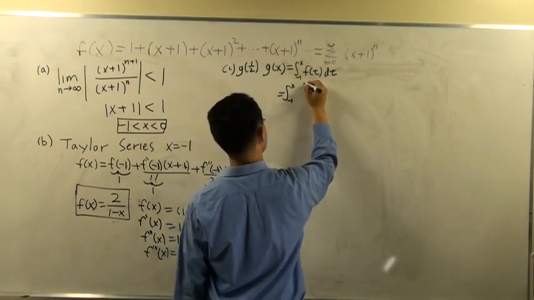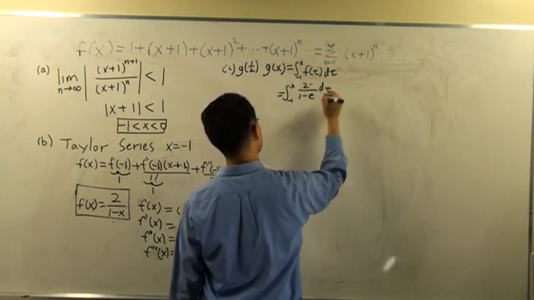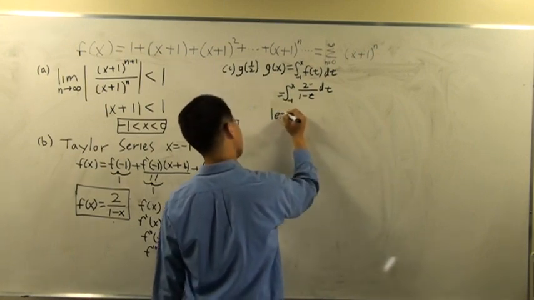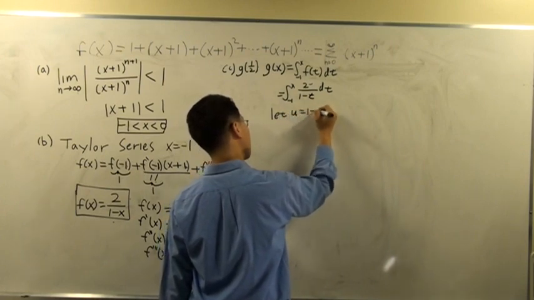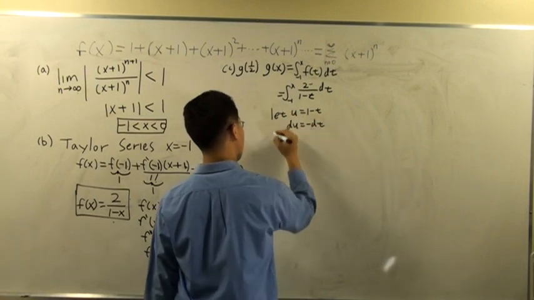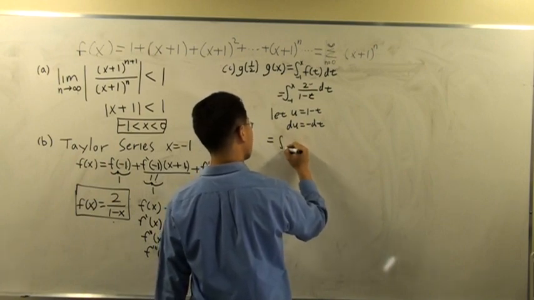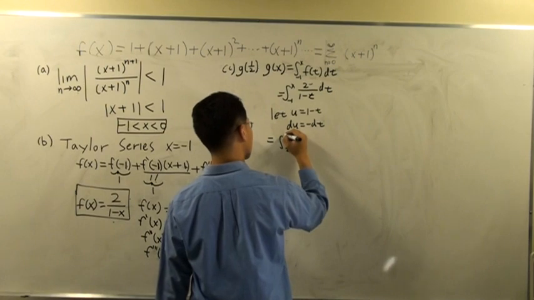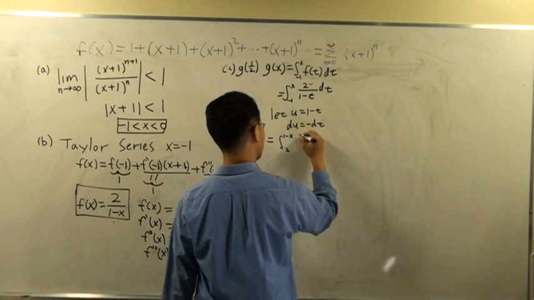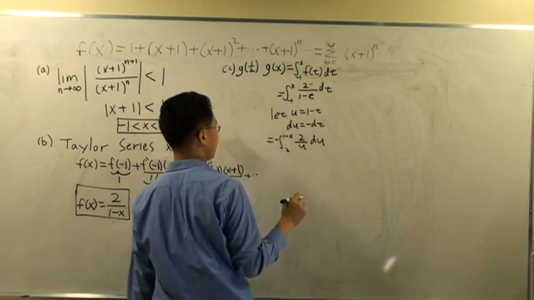So when we do that, we have the integral of 2 over (1 minus t) dt, and when we make the substitution u equals 1 minus t, du is equal to minus dt, and this expression simplifies to the integral from 1 minus x to 2 of 2 over u du with a minus factor put outside.